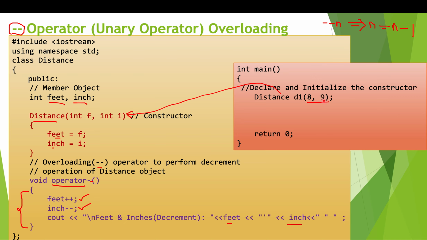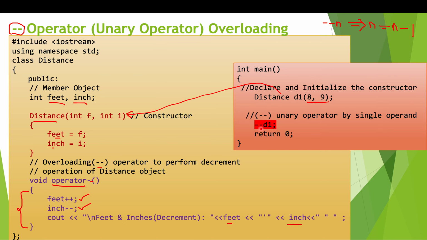Now we have to call the operator overloading function. So how do we call it? For calling the operator overloading function, we need the object, that is d1, and we need the name of this function. The name of this function will be the same as the symbol of the operator. The way in which we call the operator function is a bit different, so just keep this in mind.